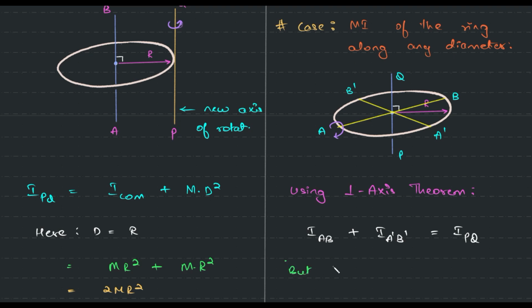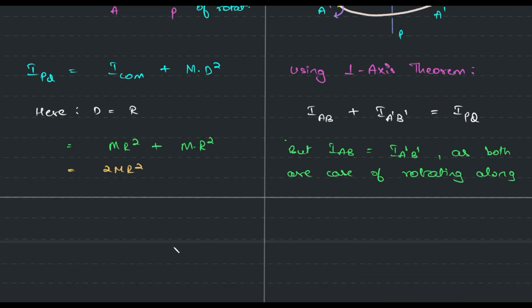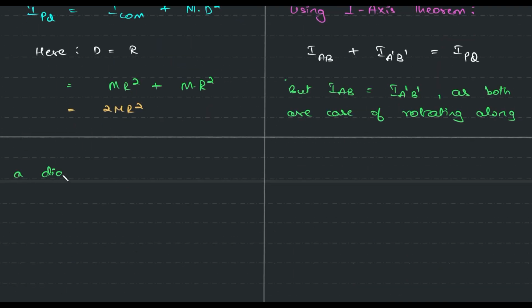But the moment of inertia of AB is equal to the moment of inertia along A dash B dash, as both are cases of rotating along a diameter. So I'll call both AB. So 2 times AB is equal to, along PQ, we already know it is MR square.